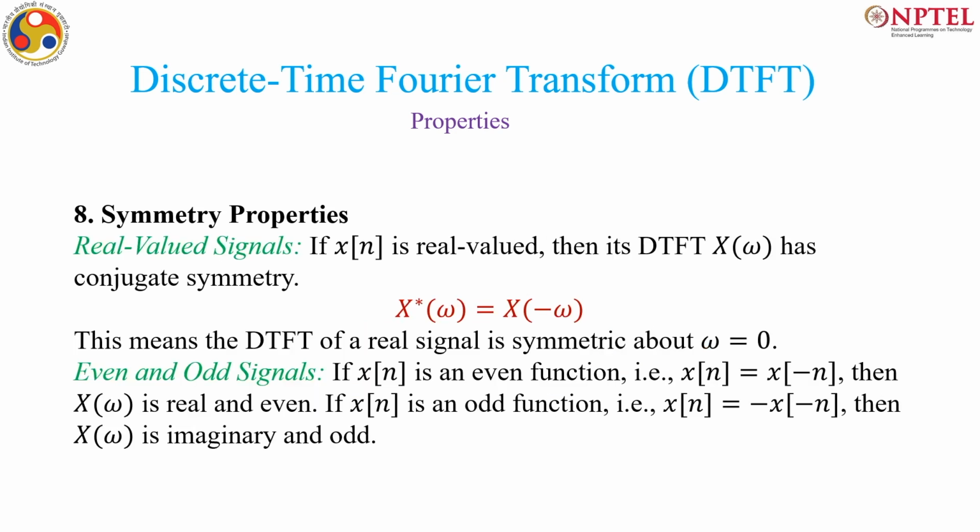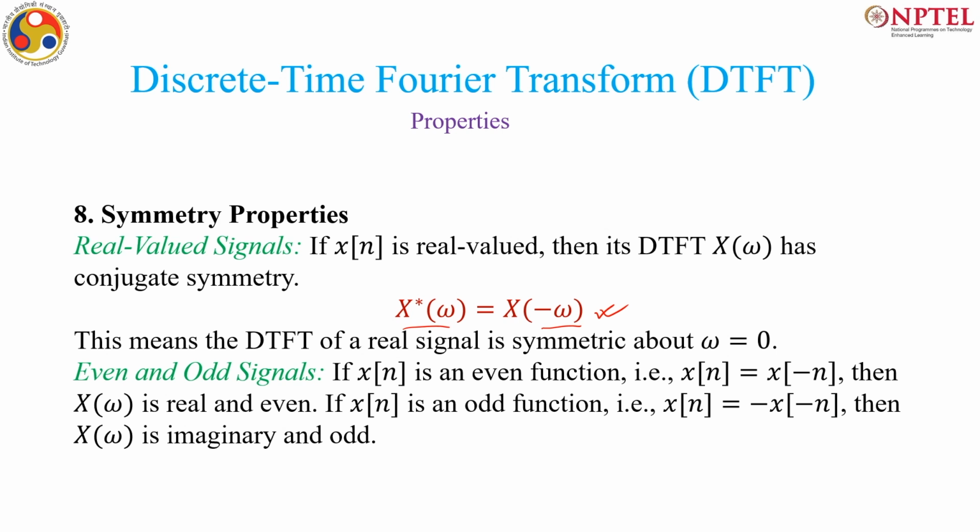Next is the symmetry property, which is also very important, specifically when you will learn about the FFT algorithms. If you have a real valued signal, the property says that the DTFT X of omega will have conjugate symmetry, which means X of minus omega will be the complex conjugate of X of omega.